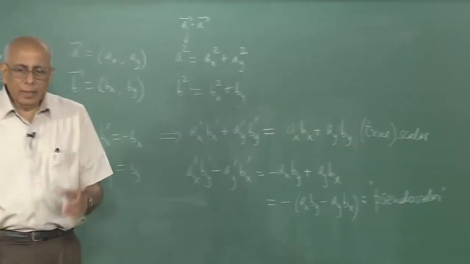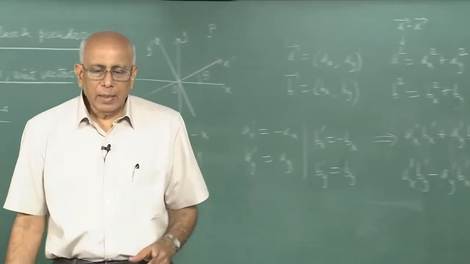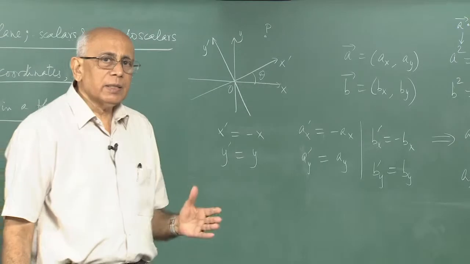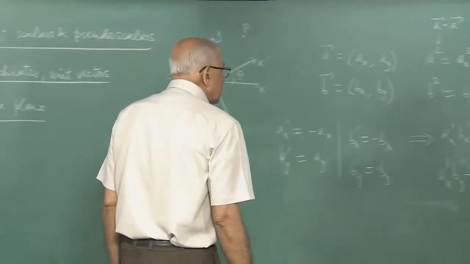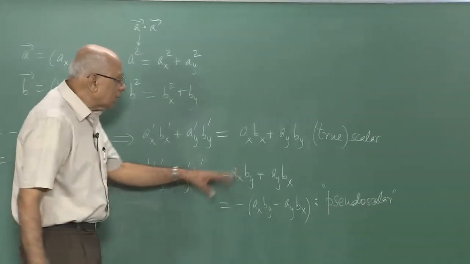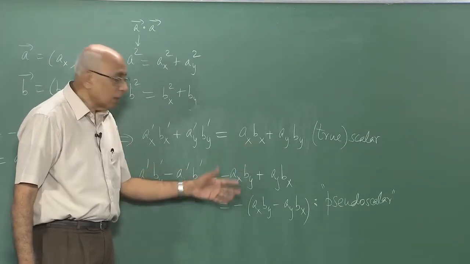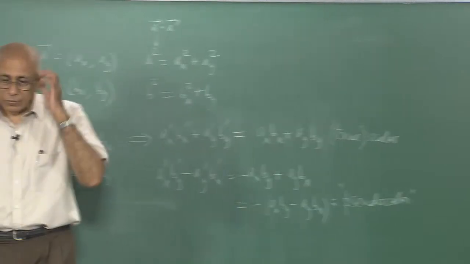It is still a scalar under rotations, but its transformation under reflection is different from that of a true scalar. And now this tells you that there are different kinds of scalars that you can possibly have. In this case we have seen two different kinds of scalars.